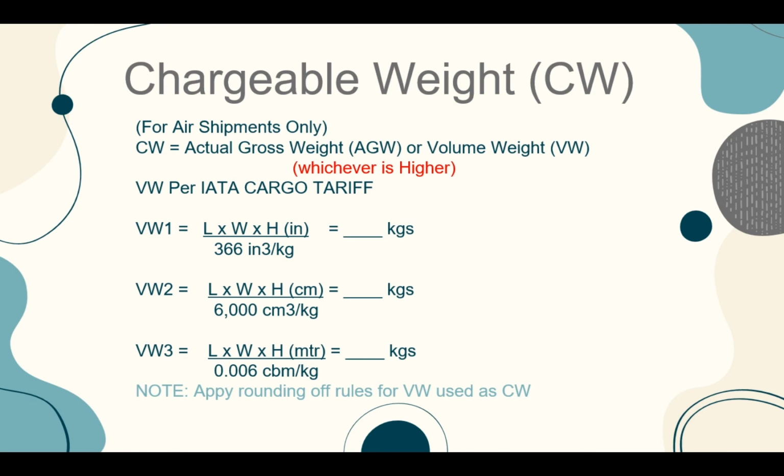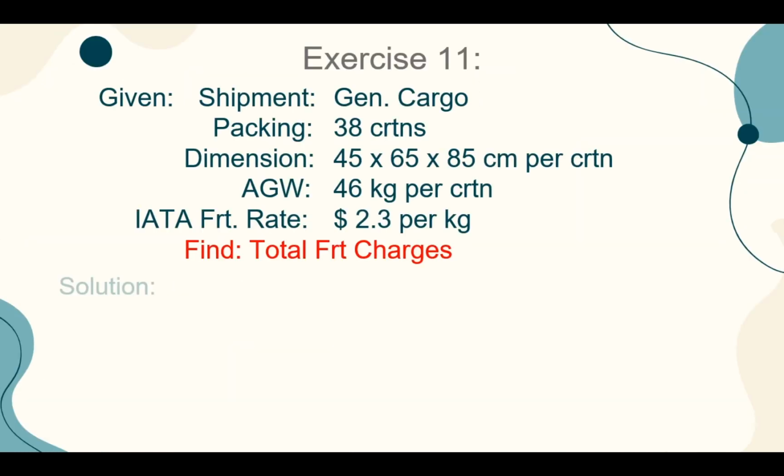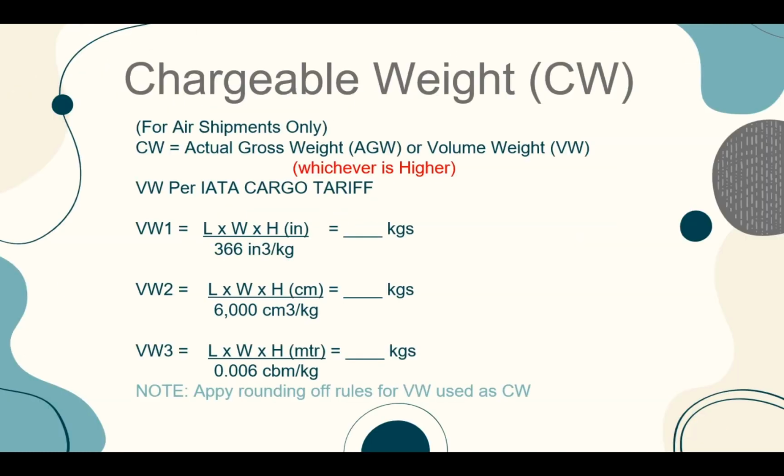So, ano ba yung rounding off rules natin? Yung for chargeable weight natin na volumetric weight yung gagamitin natin. Kunwari, meron tayong 22.10 na sagot. Ang rounding off nun is magiging 22.5.